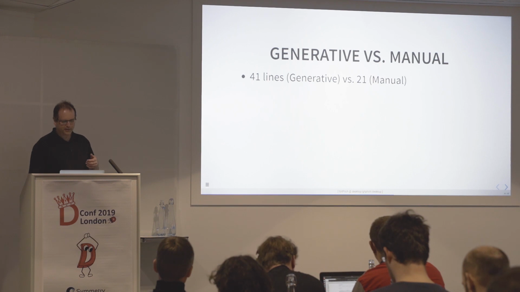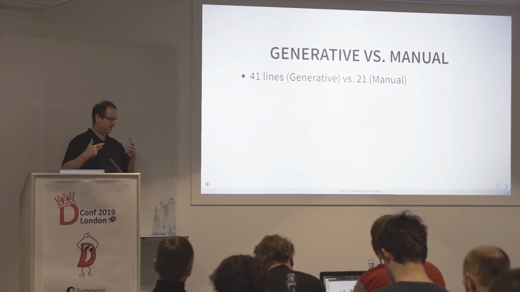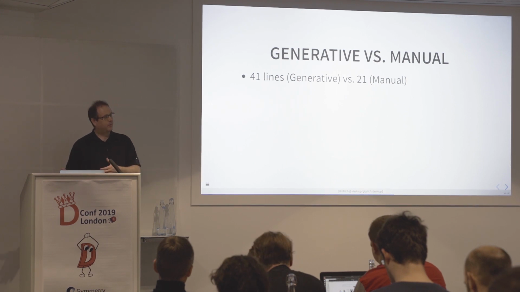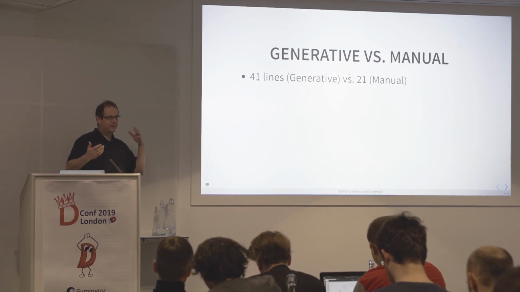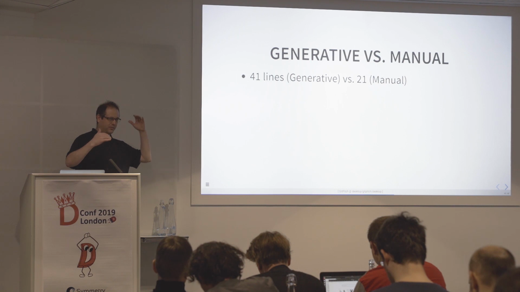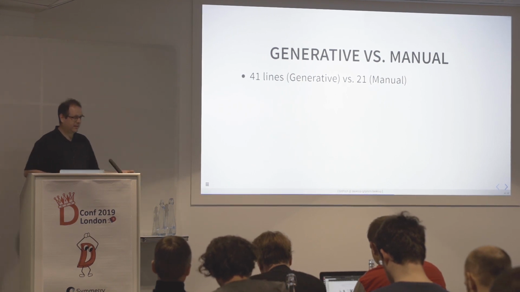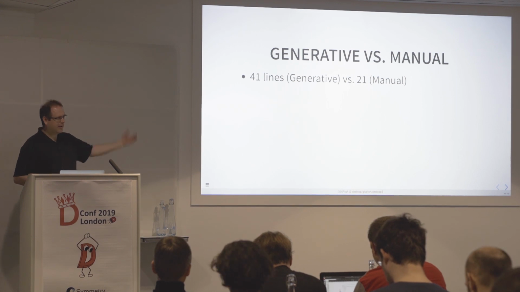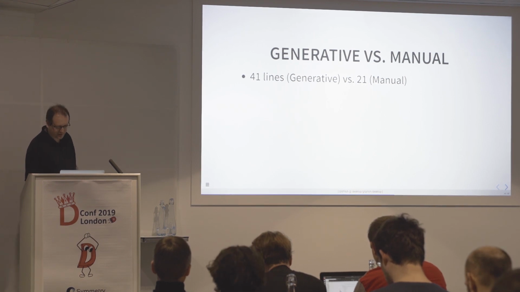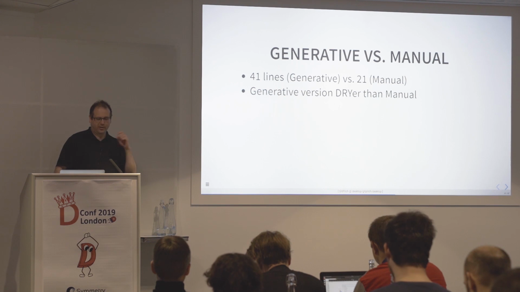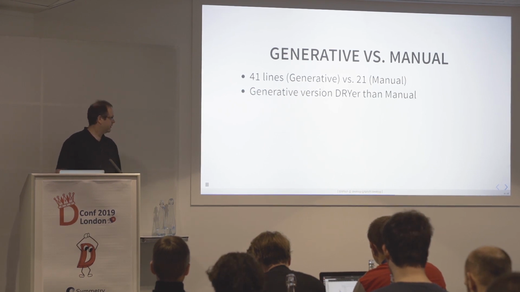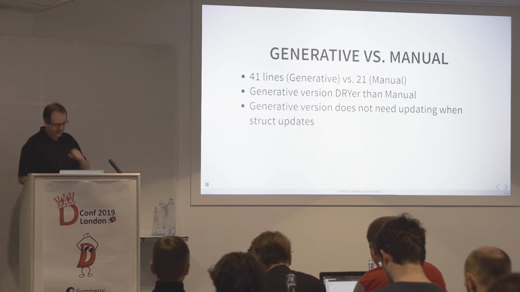So let's do a comparison. The generative is 41 lines versus 21. But again, I only have to write it once. And if the struct gets bigger, that manual function is going to get bigger and has to be maintained, whereas the generative function just automatically adapts to whatever's in there. The generative is DRYer than manual. I don't have to repeat myself. You don't say your name twice.